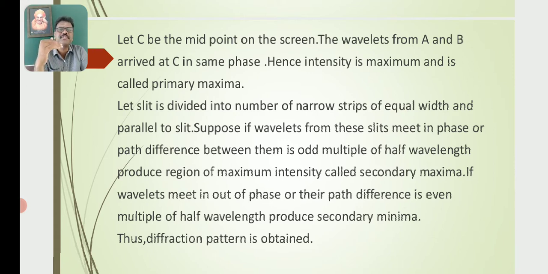If wavelets from these strips meet in phase, or the path difference between them is an odd multiple of half wavelength, they produce regions of maximum intensity called secondary maxima. If wavelets meet out of phase, or their path difference is an even multiple of half wavelength, they produce secondary minima. Thus the diffraction pattern is obtained in the case of Fraunhofer diffraction.